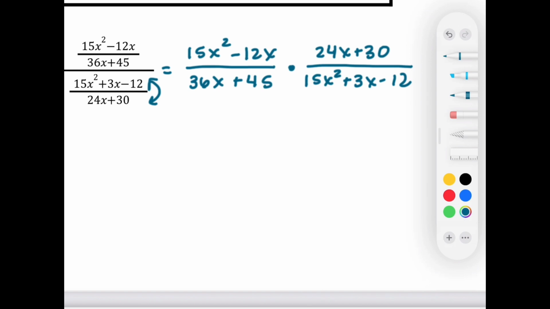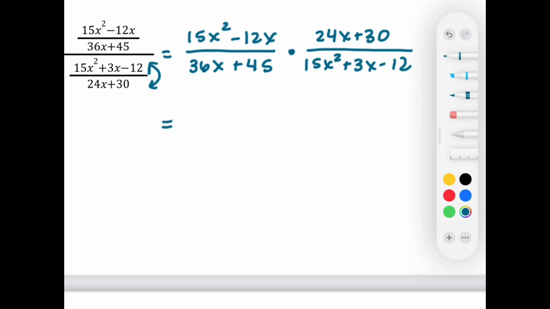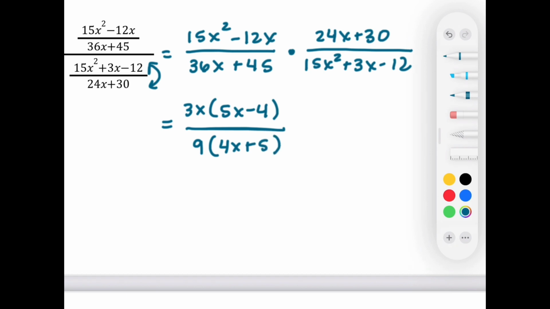All right, and then we're just going to do the same exact thing we've been doing. So we're going to factor what we can. We have a GCF of 3x, so we'd have 5x minus 4 left over. On the bottom, we have a GCF of 9. 4x plus 5 is left over. And then we have a GCF of 6. Divide both of those by 6, we get 4x plus 5.